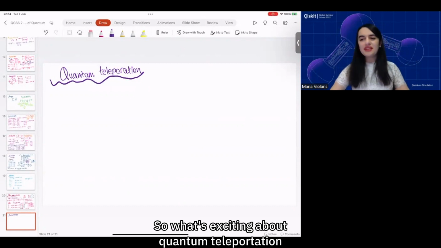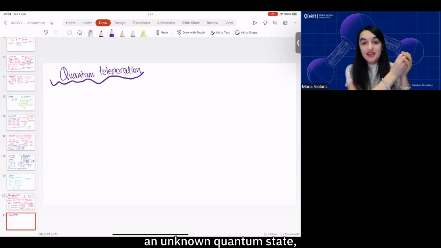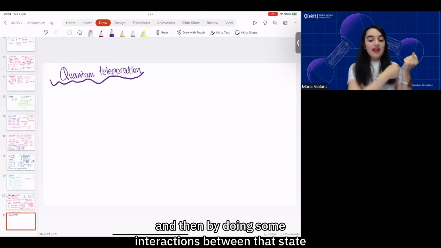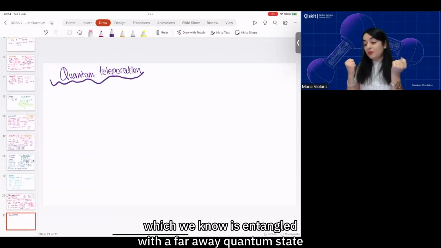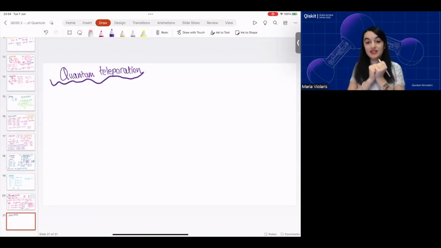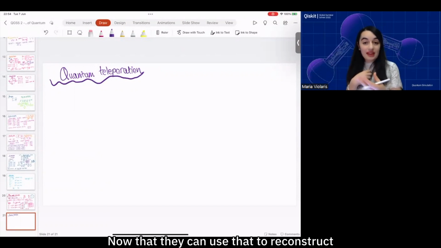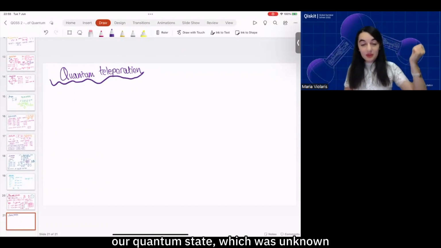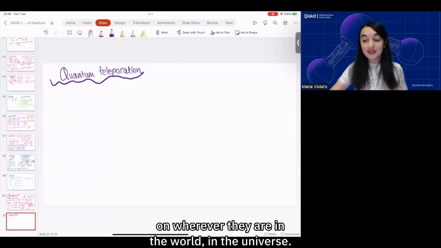Okay, so what's exciting about quantum teleportation is that it allows us to take an unknown quantum state, and by doing some interactions between that state and another quantum state, which we know is entangled with a faraway quantum state that someone else has, we can make our two qubits interact, send that person some classical information, and then they can use that to reconstruct our quantum state, which was unknown, on wherever they are in the world, in the universe.